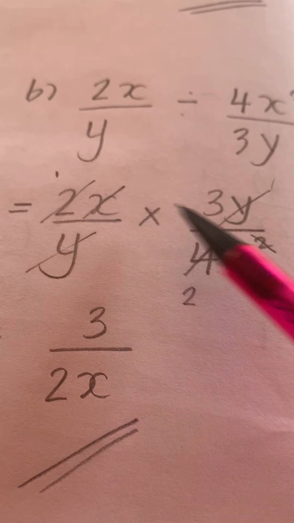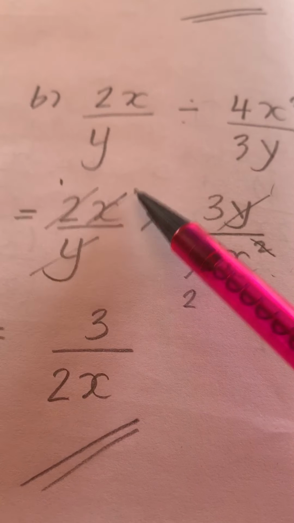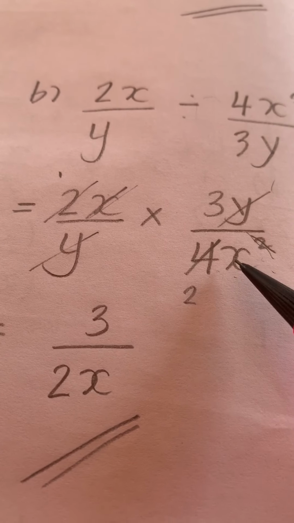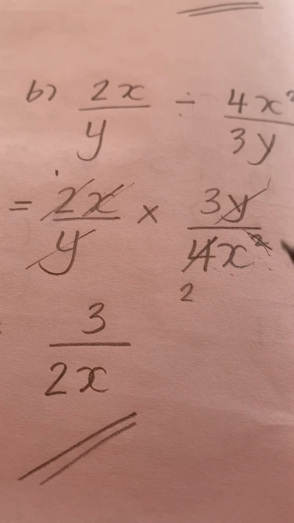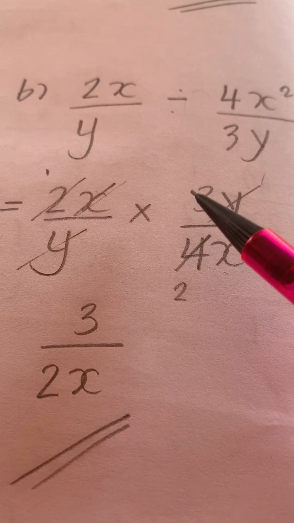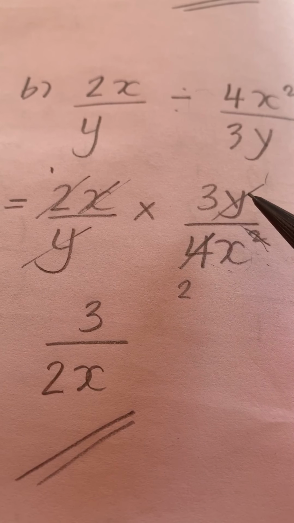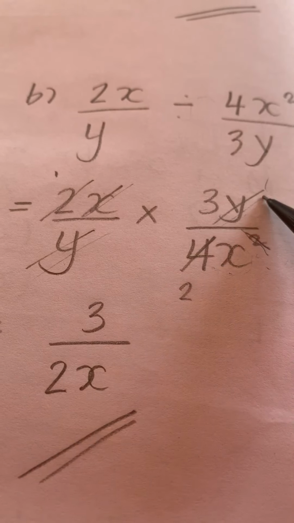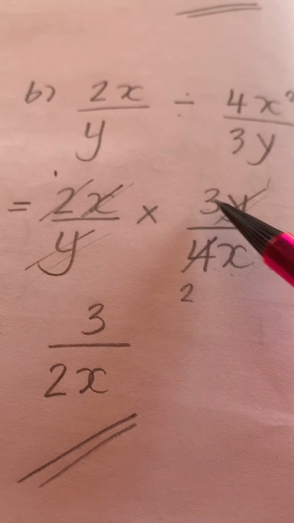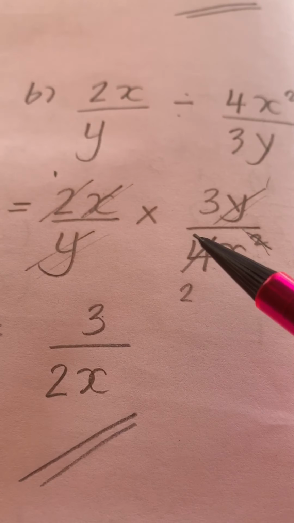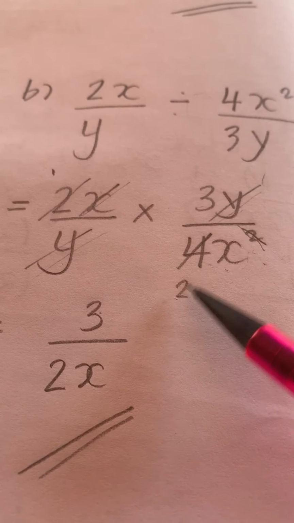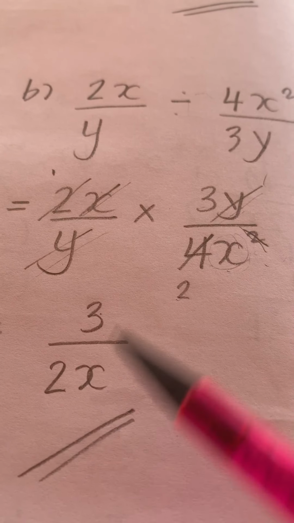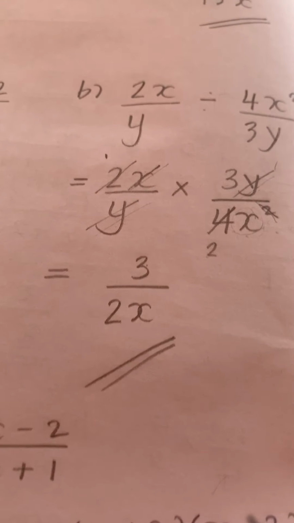I've got an x and an x squared, so if I cancel out an x on the top and cancel out one of those x's there, I've still got that one left. I've also got a 3 here, which can't be simplified, and on the top I've got a y, and on the bottom I've got a y, so I just cancel those. So all I've got left is 1 times 3, which is 3, and on the bottom I've still got a 2 from here, and I've still got an x, and my final answer then is 3 over 2x.